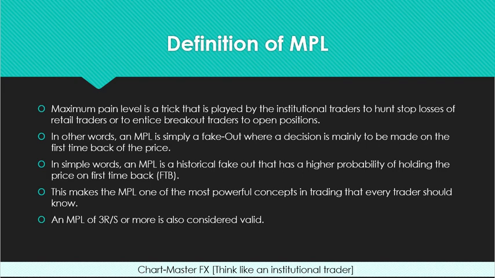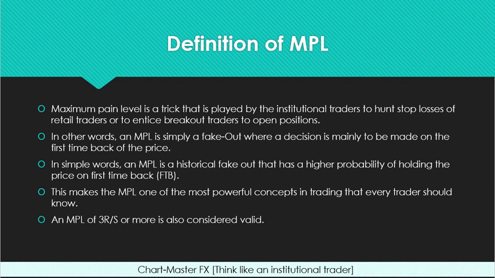So basically in this course, we are going to look at 1 RS, and we are going to look at 2 RS. That does not mean that MPLs of 3 RS or more are not valid. They are also valid.